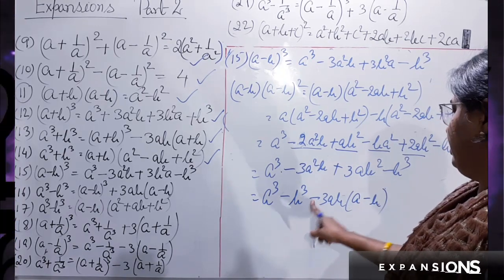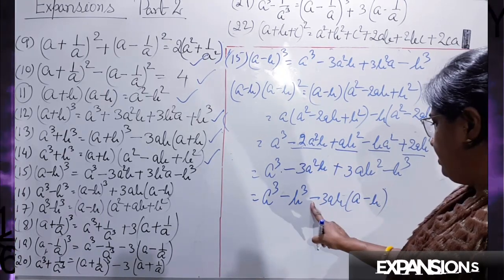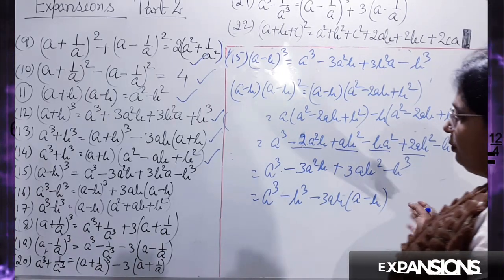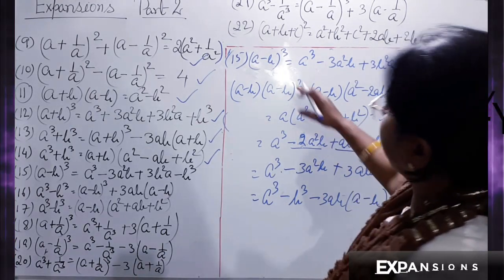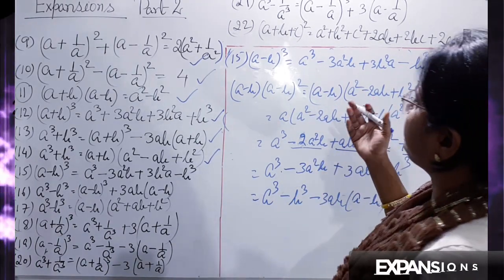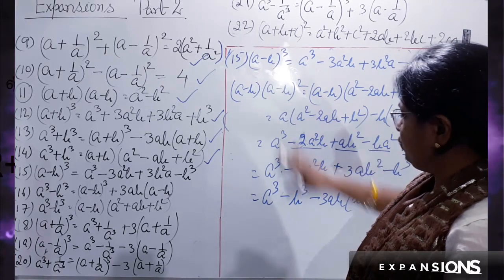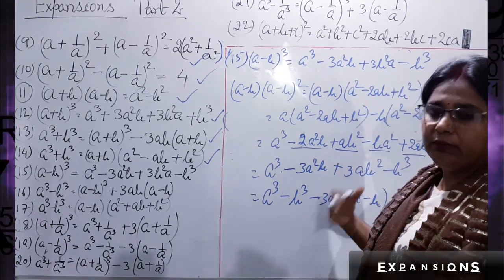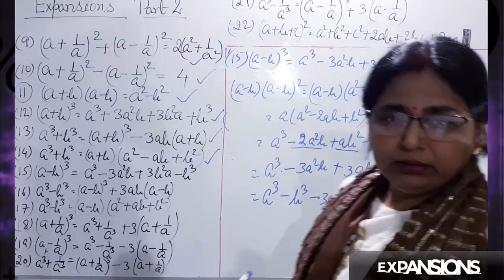If minus is there, then a minus b, and if plus is there, then b minus a. Anyway, you can write. So don't be confused. Whatever given, you can solve and get it. But for application, you can use direct this formula. A minus b whole cube is equal this much. So remember all this, and you can use.